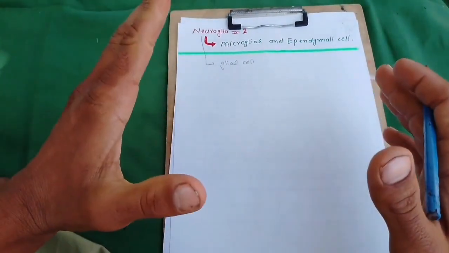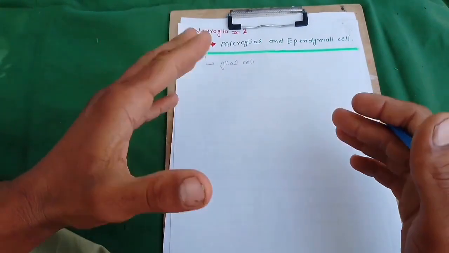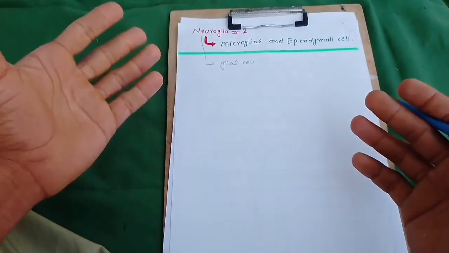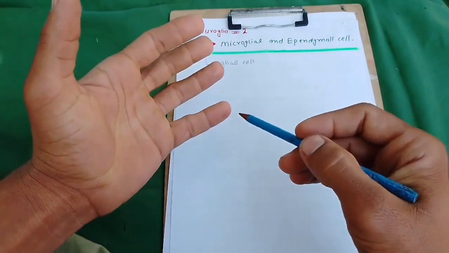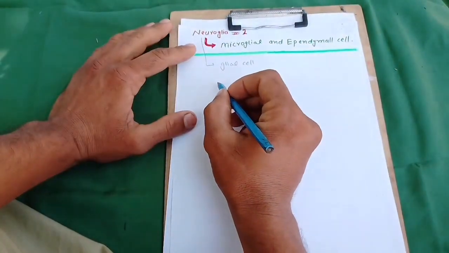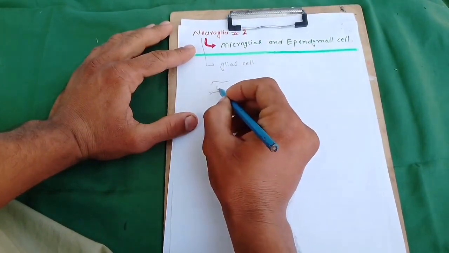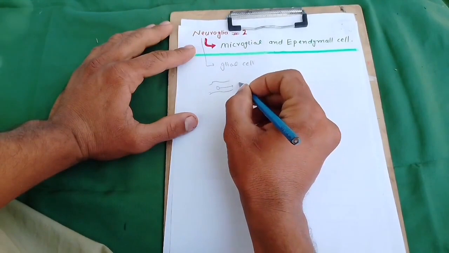As you know, macrophage is derived from the monocyte. The macrophage of the other body parts, other than the central nervous system, is derived from the bone marrow. In the bone marrow there is a stem cell. This stem cell produces monocyte.